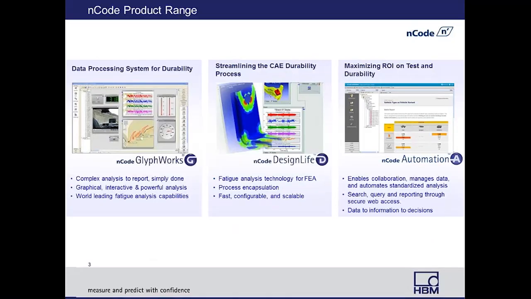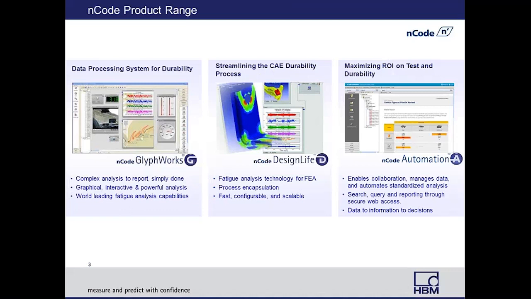Before we begin, though, I just want to review the 3 software products that we have at nCode. Starting on the left, GlyphWorks, which is a tool intended mostly for test engineers.